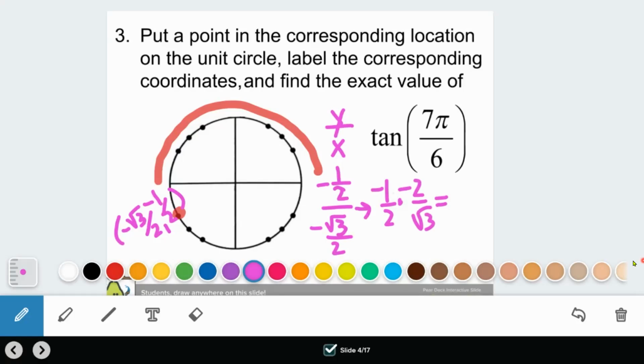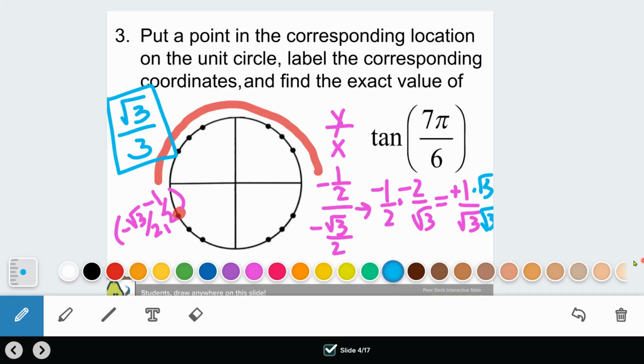My 2's are going to cancel, and I'm going to get a positive, because it's a negative times a negative, 1/√3. I'm going to rationalize. I'm going to multiply the top by √3 and the bottom by √3. And when I do, my final answer, I'm going to write it in blue over on the left side, is going to be √3/3. That is my answer.